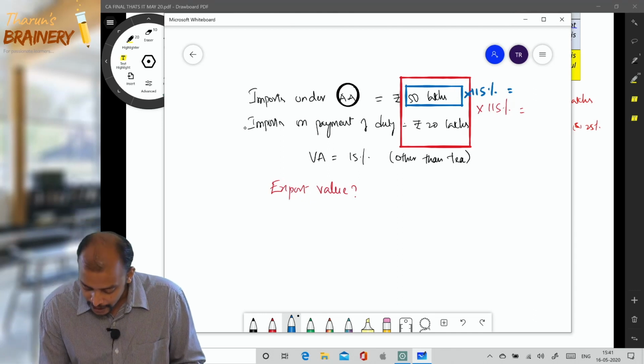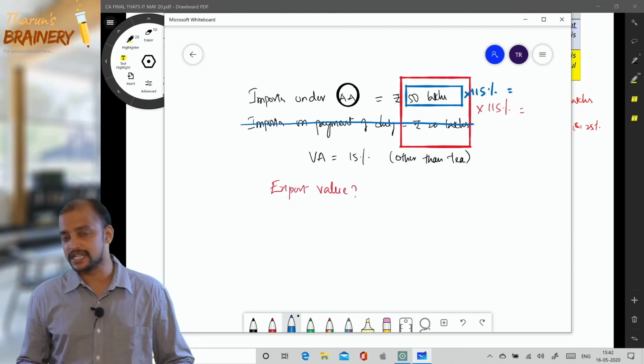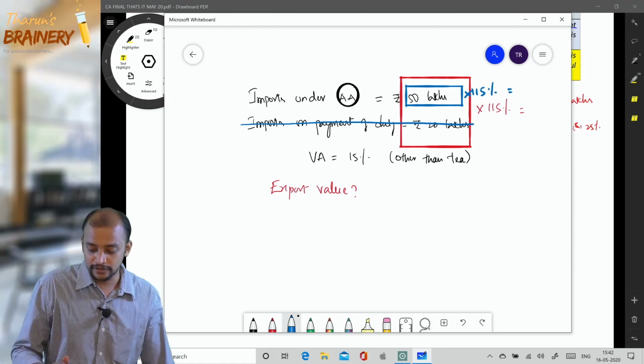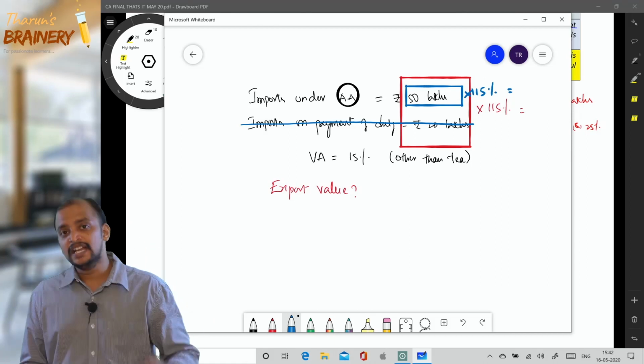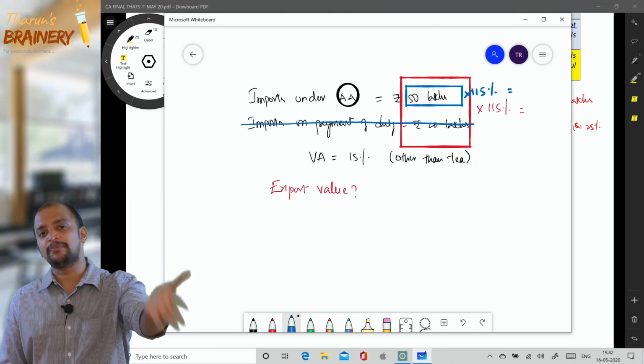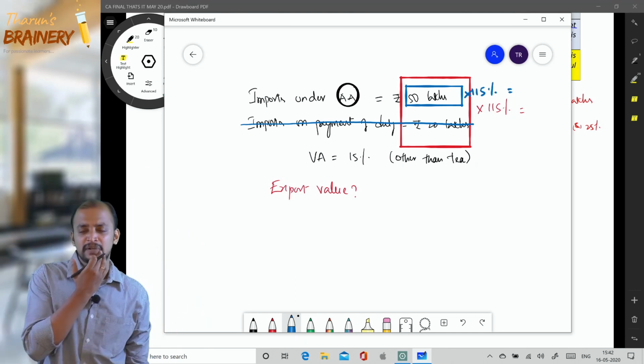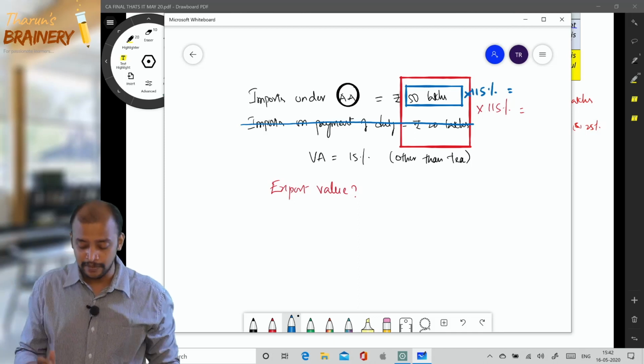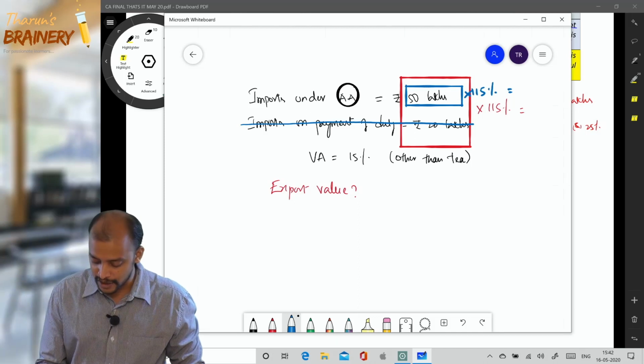So don't take imports on payment of duty. You take only imports under advance authorization and multiply by 115%. Why multiply by 115%? You can also add 15%. Both are the same. So what should be the export value?